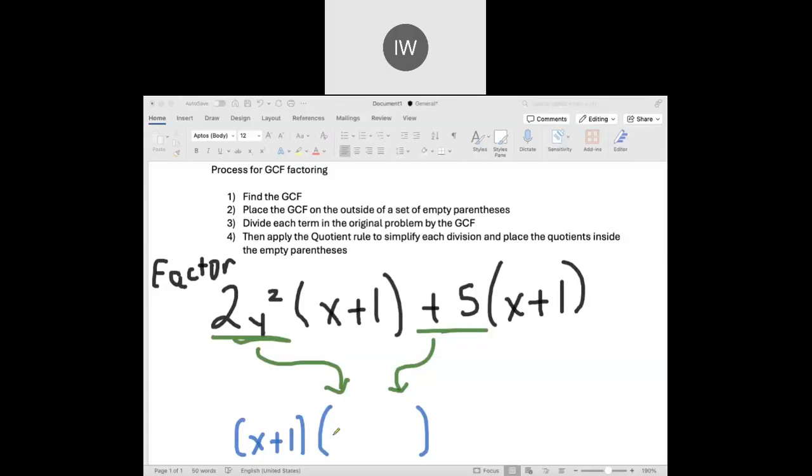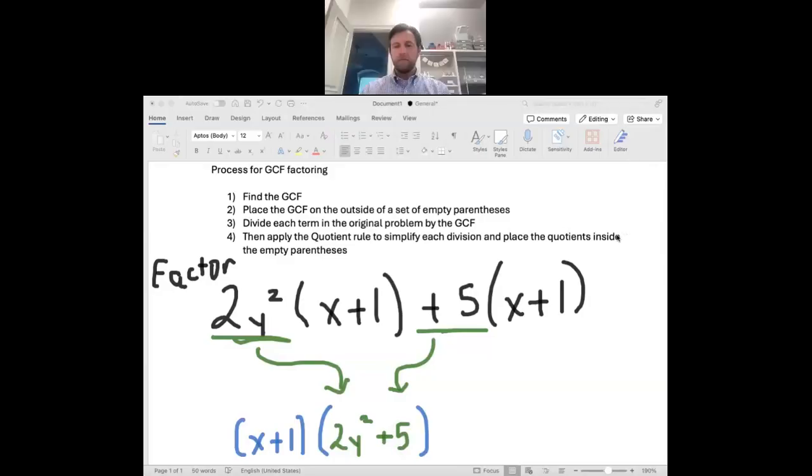When you pull the x plus 1 out from each of them, all that's left is the 2y squared and then the plus 5. This is a little more straightforward. Questions on this process? We're going to do some more, obviously.